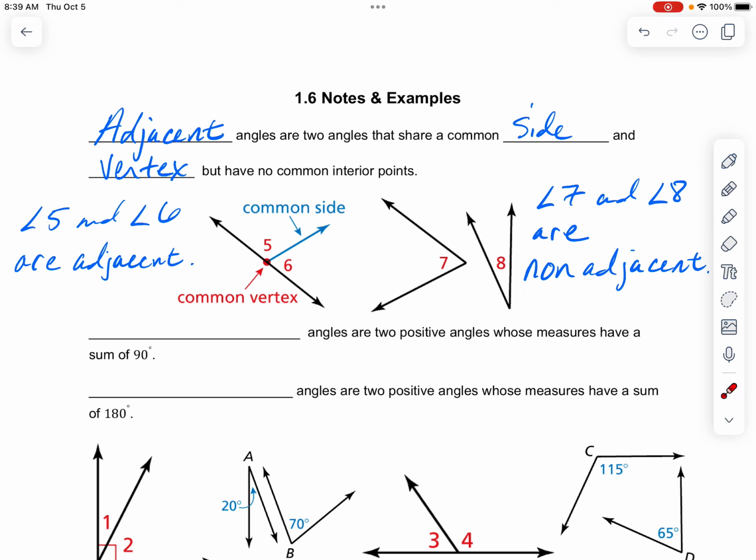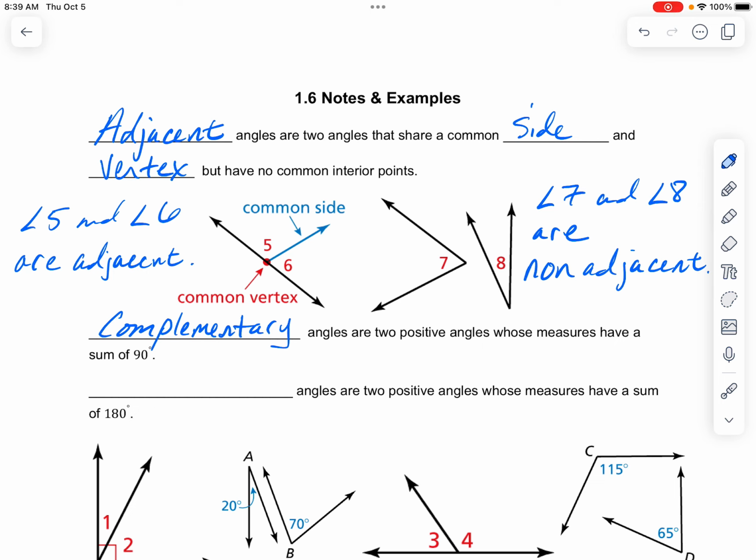Moving on, blank angles are two positive angles whose measures have a sum of 90. Remember, this word sum always means like addition, so two angles added together equal 90. The word for that is complementary. So complementary angles add up to 90 degrees. And we might say that one angle is the complement of another, and that means that the one angle plus the other one we're talking about add up to 90.